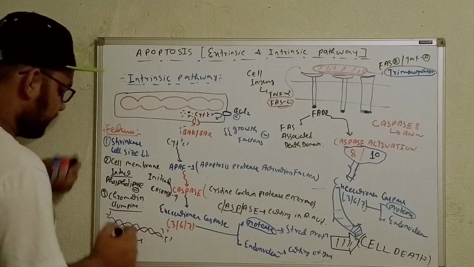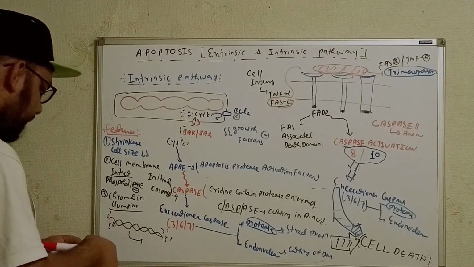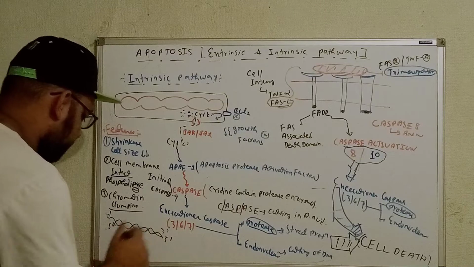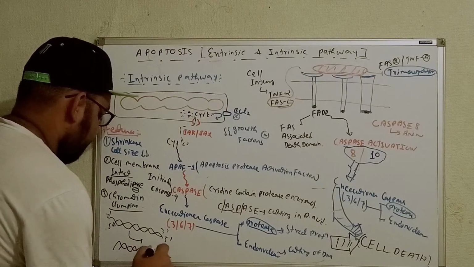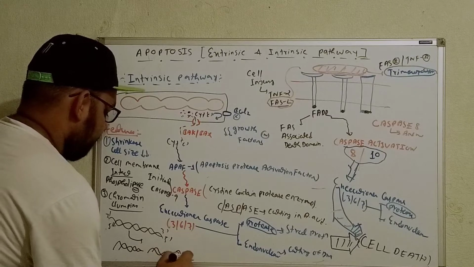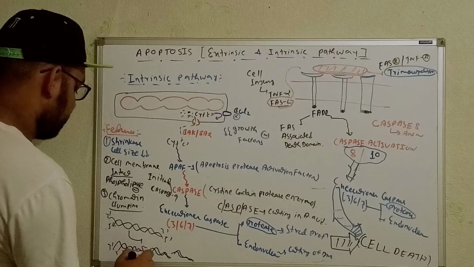After that, in this case, it will get fragmented by the activation of the endonuclease, and we will see partitions of this part, just like this. 3 to 5, 5 to 3, just like this in all cases.